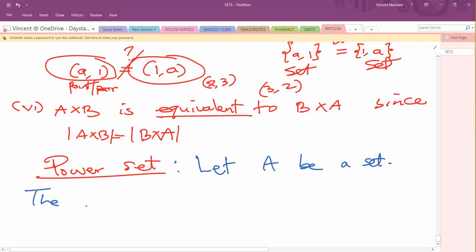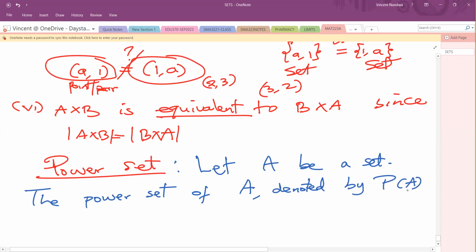The power set of A, denoted by P(A), is the set of all subsets of A.